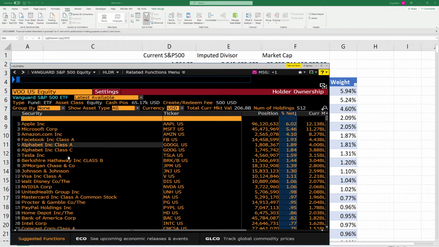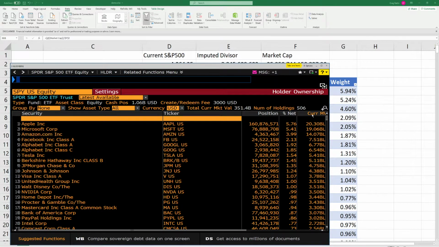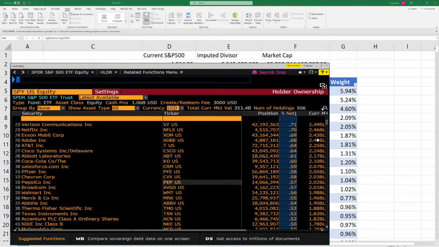So the ETF version, and it doesn't matter what ETF, you could have SPY, for example, which is the ETF by State Street, and it's also pretty close. Also, I'm not exactly sure how recent this filing is, when this was last updated, probably yesterday after hours.